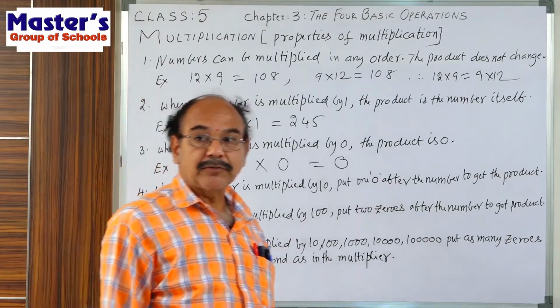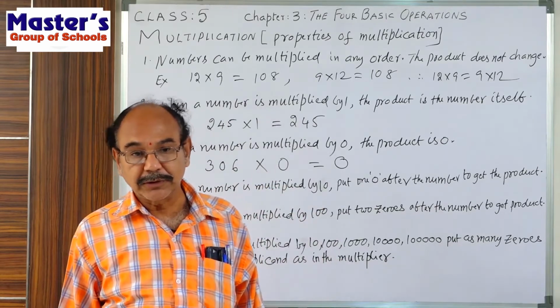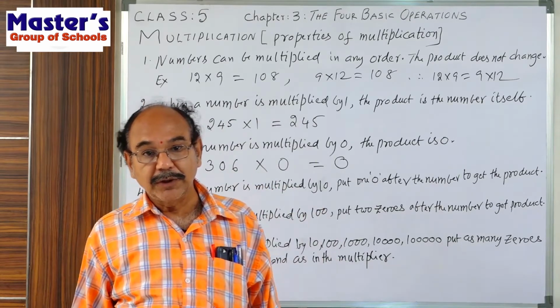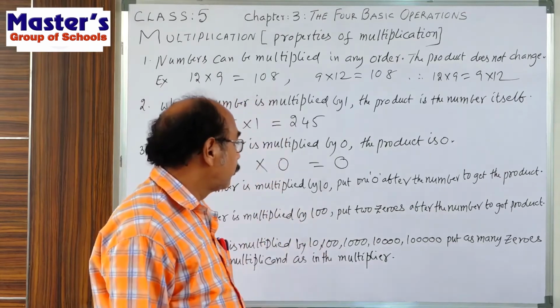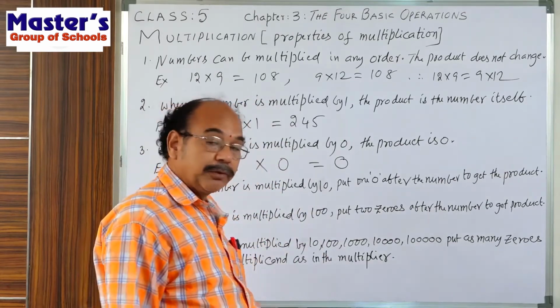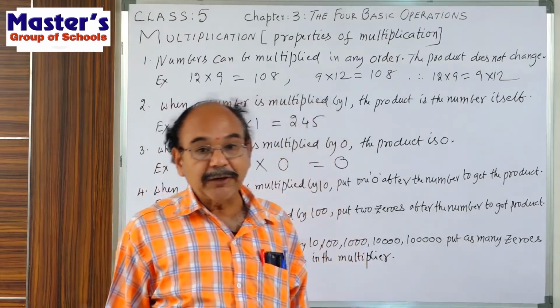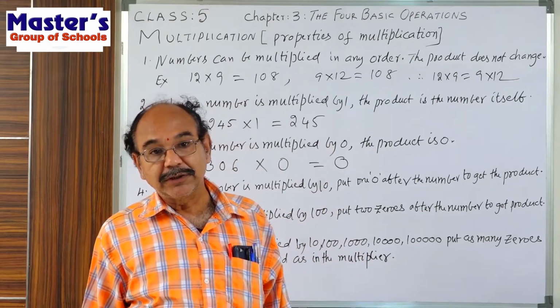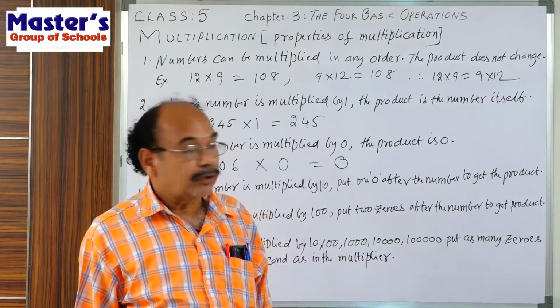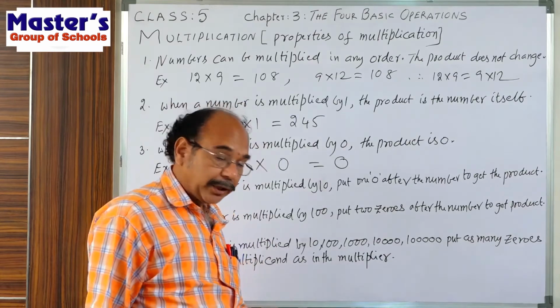You need not show actual multiplication. Simply what we do? We keep 0 after the number. We keep only 1 zero. Why? Because in the 10 only 1 zero. That's why simply we keep 1 zero after the number. Then we get the product.